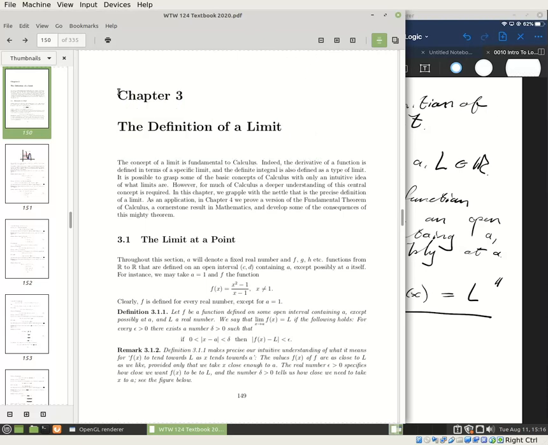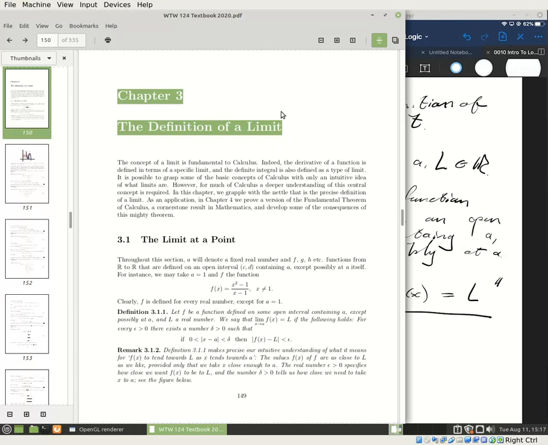So, the next chapter we will discuss is chapter 3, the definition of a limit. You have encountered limits before, for example, in 114. In 114, you will have seen some techniques in calculating the values of limits.